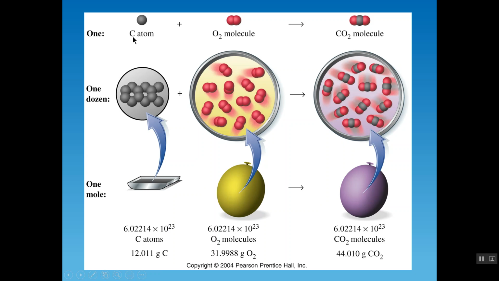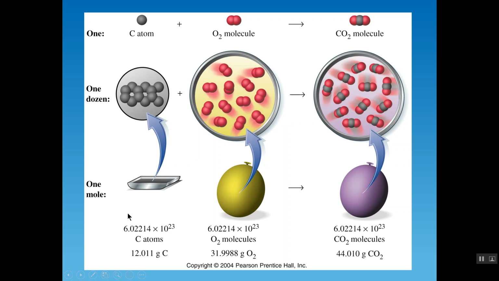So therefore, one carbon atom will react with one oxygen molecule to form one carbon dioxide molecule. So you can imagine if we have a dozen carbon atoms here, right? That means that it will require a dozen oxygen molecules, and therefore what would be produced would be a dozen carbon dioxide molecules, all right?